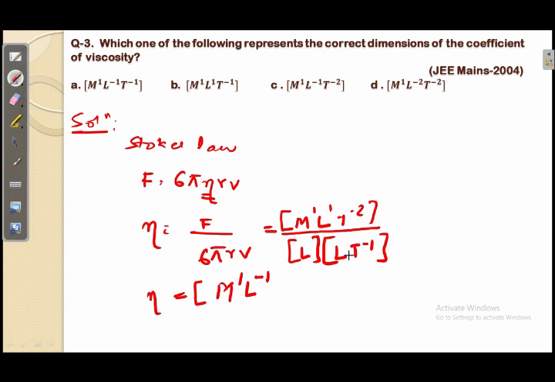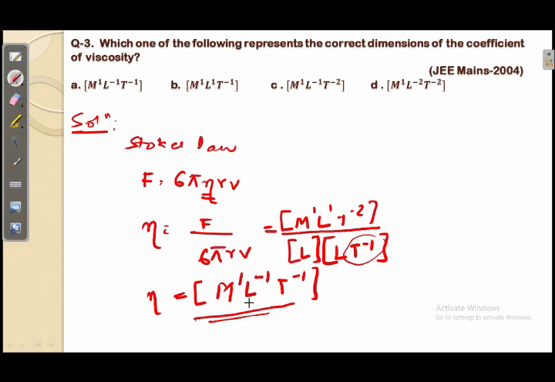T raised to minus 1 is in the denominator, so if it goes to the numerator, that becomes T raised to plus 1, minus 2 plus 1, that is minus 1. So this is the dimension formula for the coefficient of viscosity.